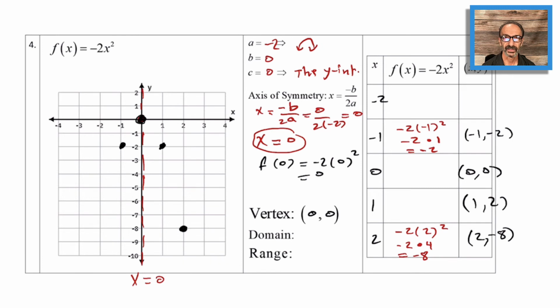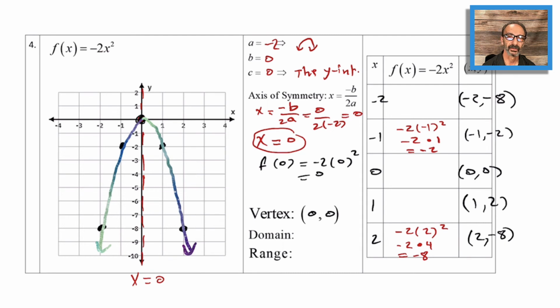Here's 2, -8, and because of symmetry, we should have one on the left, 2 units to the left of the axis of symmetry, which is the y-axis, same level down at -8. And we're ready to graph. The graph we said earlier opens down, so that should do it.